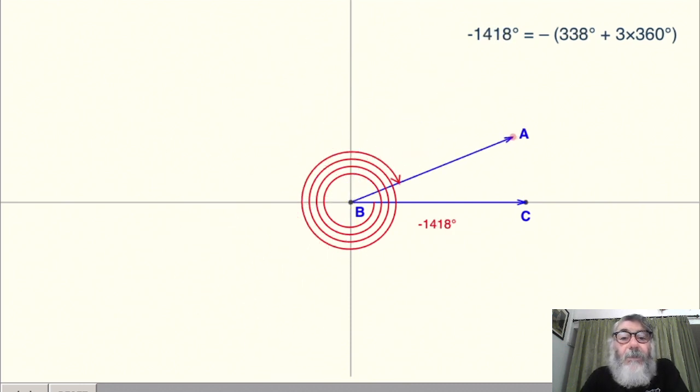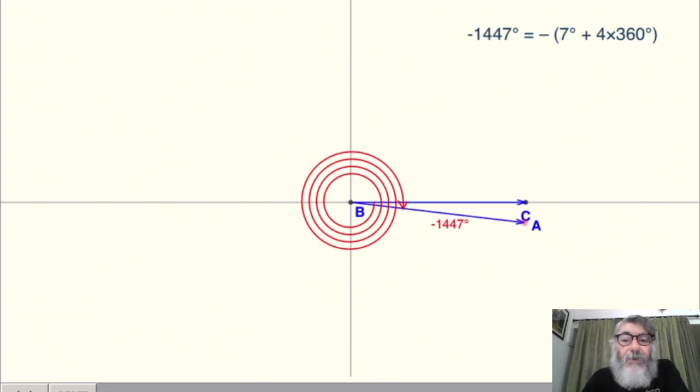I have gone clockwise. And when I have gone clockwise, what am I getting? We are getting angles in minus. We are getting negative.